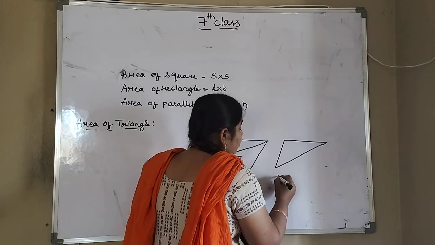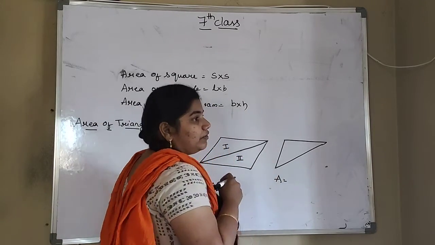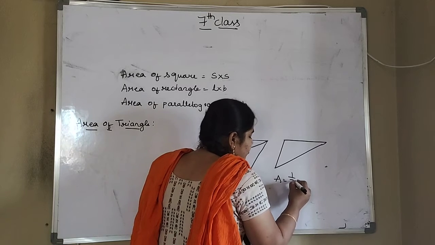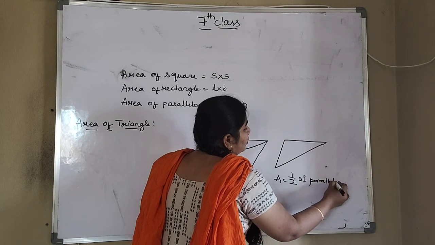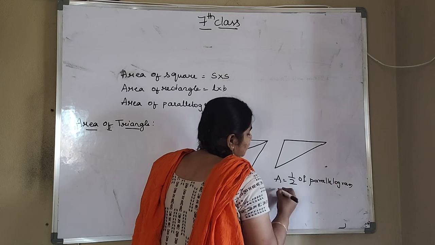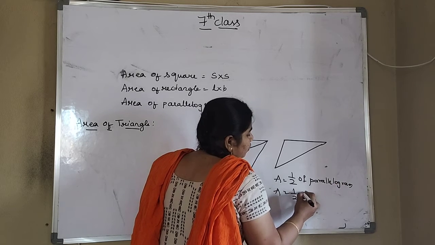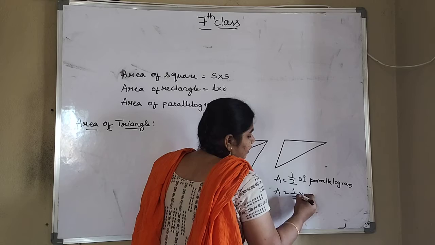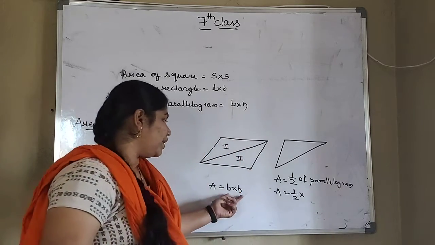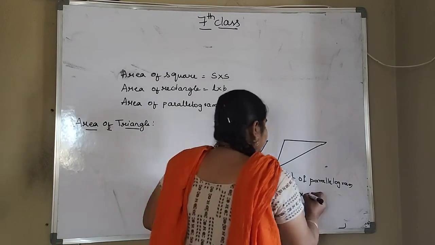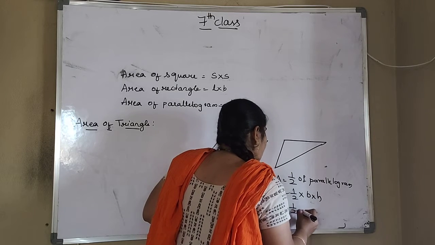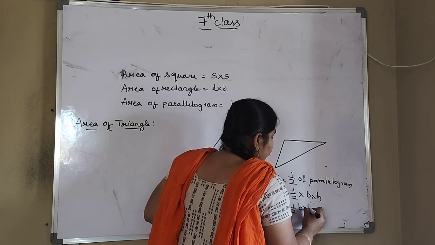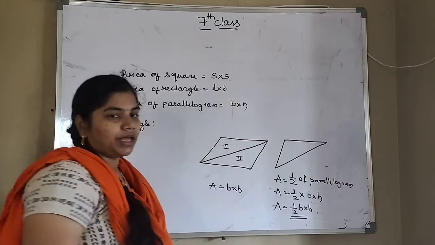What is the area of this triangle? It will be half of the parallelogram. The parallelogram formula is base into height, and 'of' is nothing but multiplication. So the area of a triangle is half into base into height.